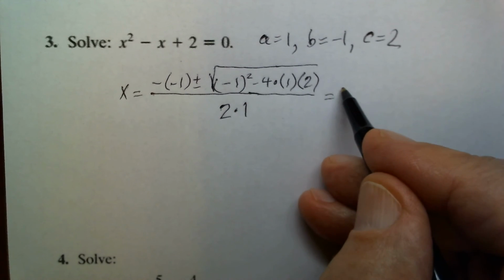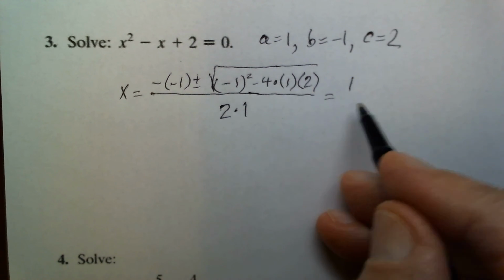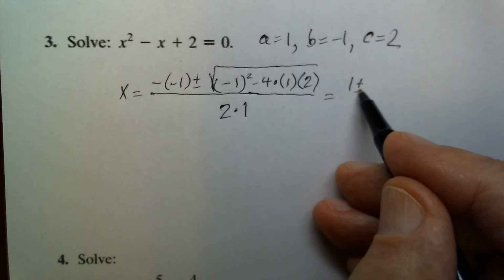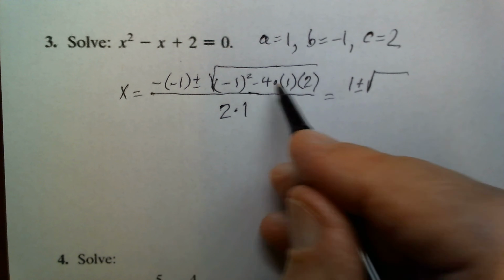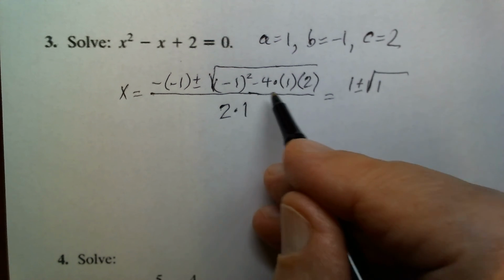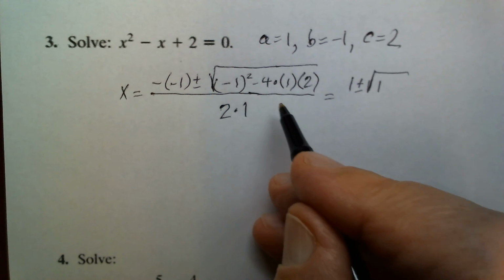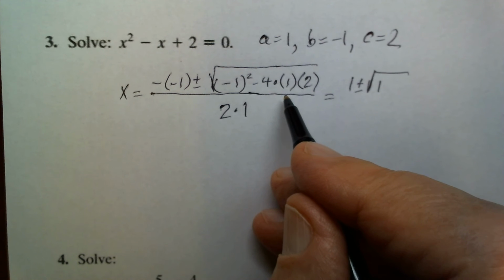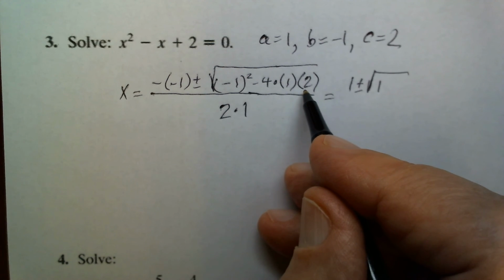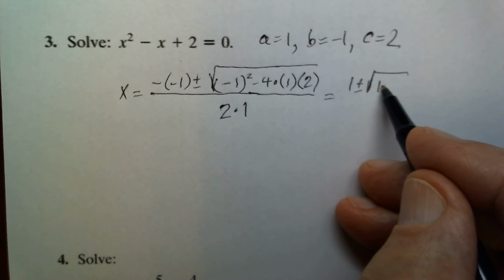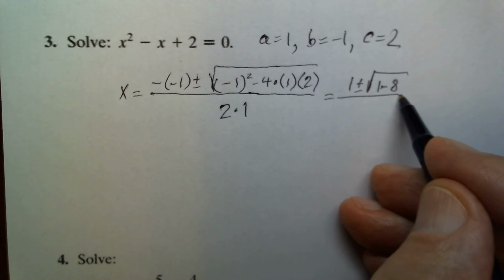So that's equal to 1, minus negative 1 is plus 1, plus or minus the square root of 1, and then minus 4 times 1 is minus 4, and minus 4 times 2 is minus 8, all divided by 2.